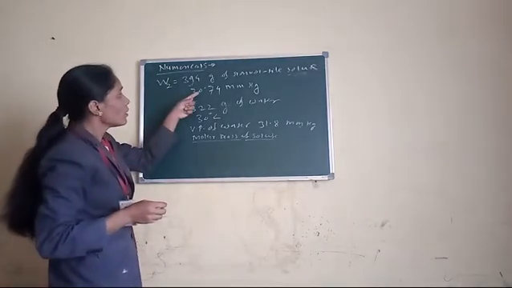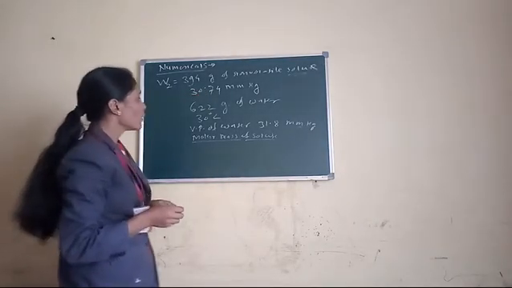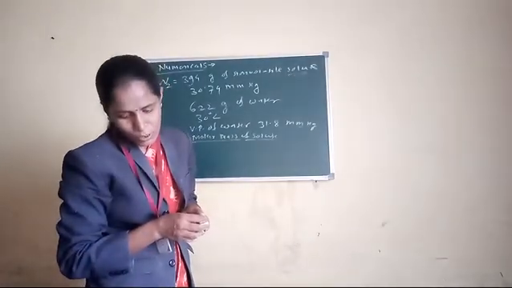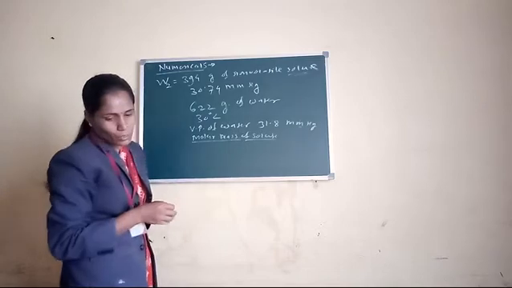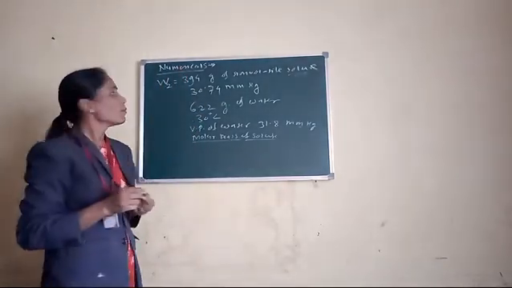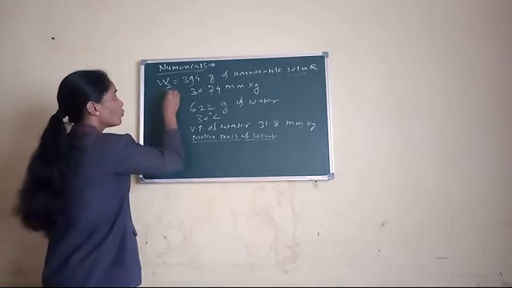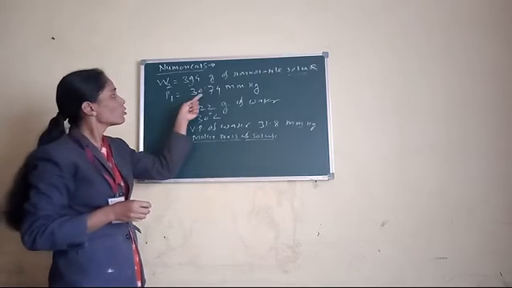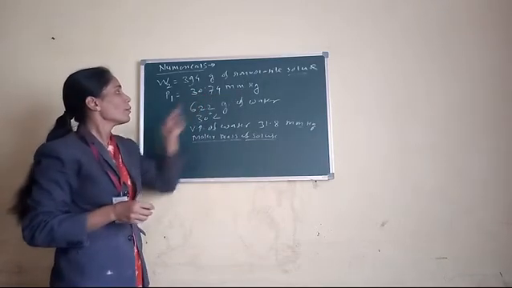Then 30.74 mmHg is the vapor pressure of the whole solution, denoted by P1. P1 is equal to 30.74 mmHg.